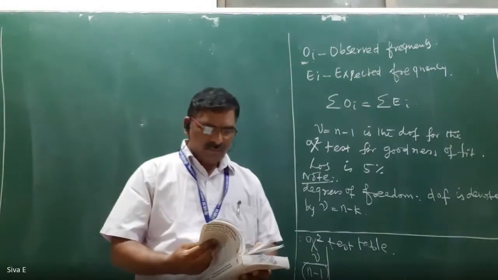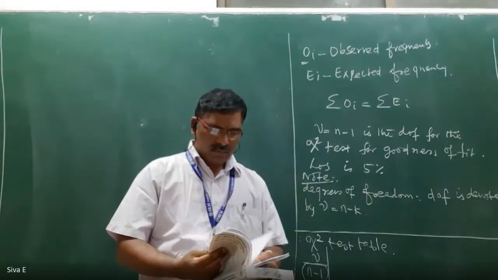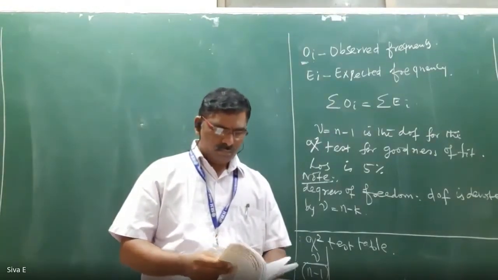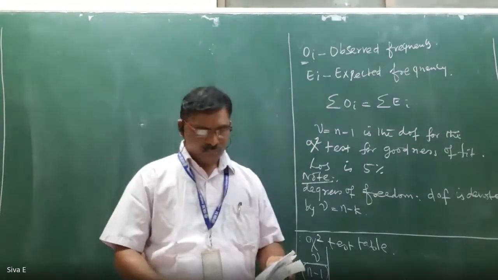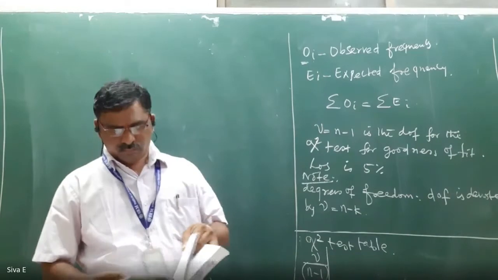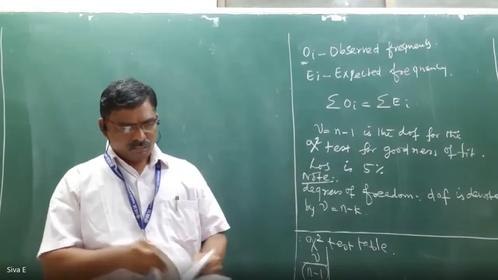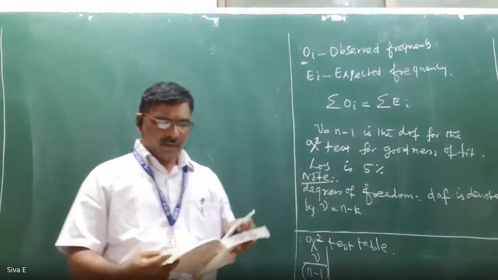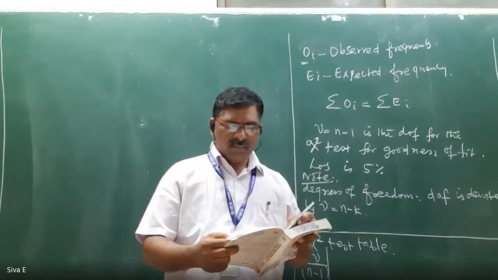In the table, the first column is degrees of freedom nu.